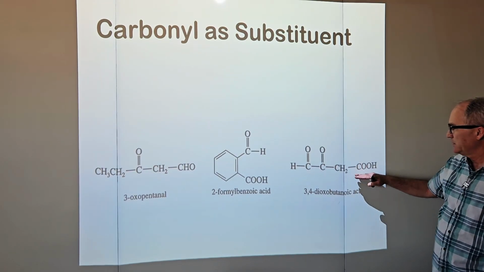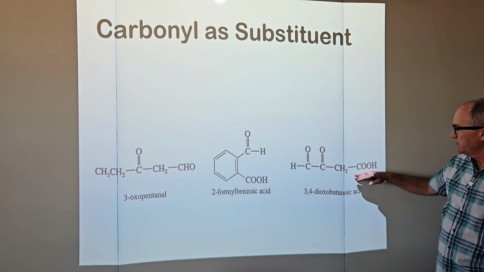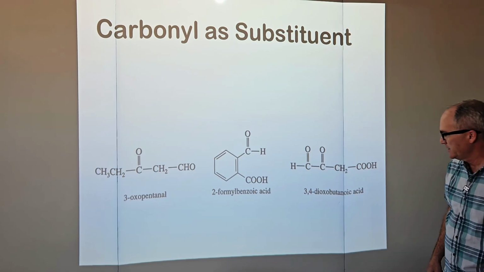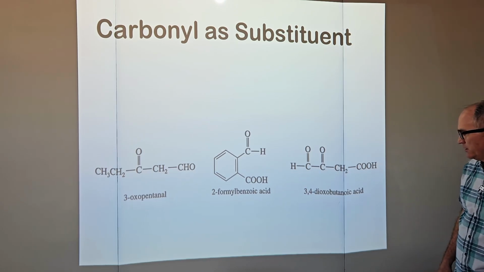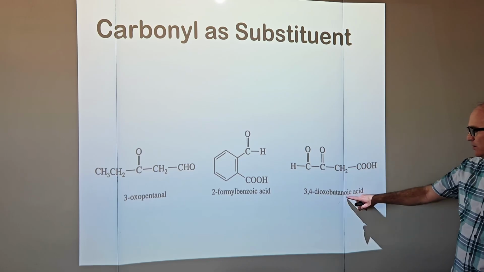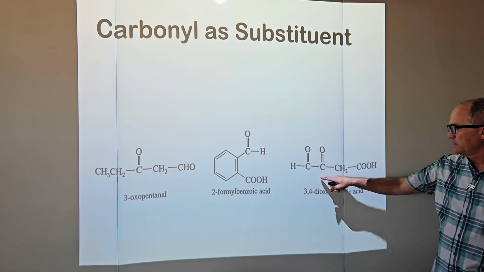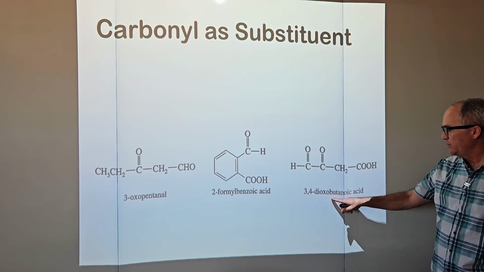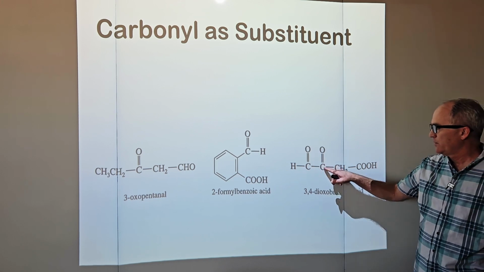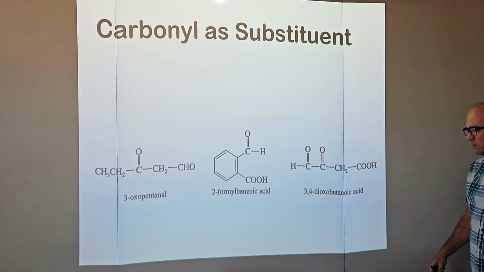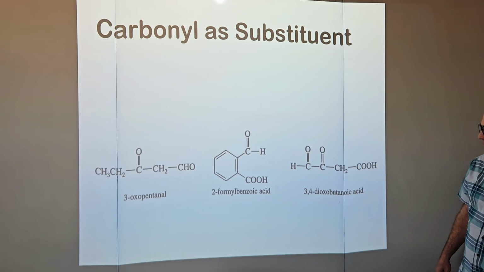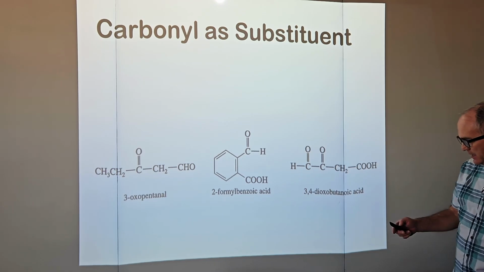So unfortunately here, we maybe have to learn the carboxylic acid naming convention. You chop off the E and you add oic acid. So this is a 4-carbon chain, this is butanoic acid, and now we've got these two substituents. So we go 3,4-dioxobutanoic acid.